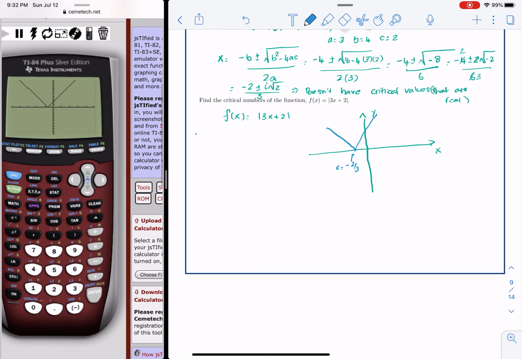So there is a sharp turn at x equal to -2/3.